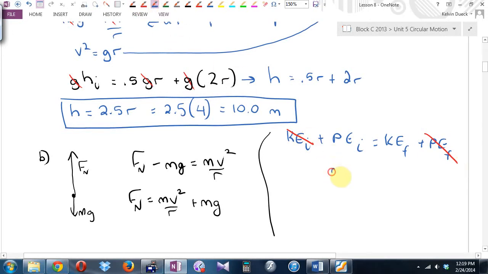I'll get mgh initial, which I guess is 10, because we just figured it out in part A, equals a half mv final squared. Yay! Oh, you know what? V final squared is 2gh initial.